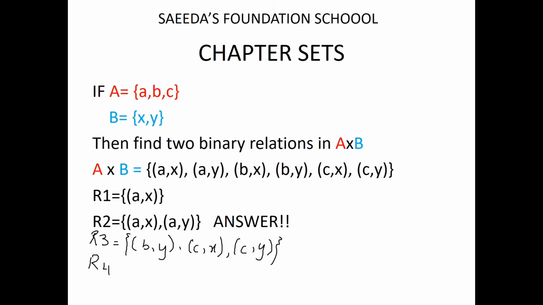R4, maybe just write down phi. That is also going to be a binary relation because phi or null set is always a subset of the main set that you are considering.